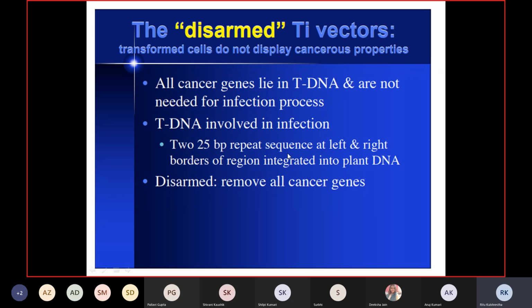If the ends of the T-DNA are maintained, then the vir genes don't care what is there inside; they will make a cut on either side and then transfer the T-DNA region into the plant cell. So these vectors, from which the cancer genes have been removed, are called disarmed Ti vectors.